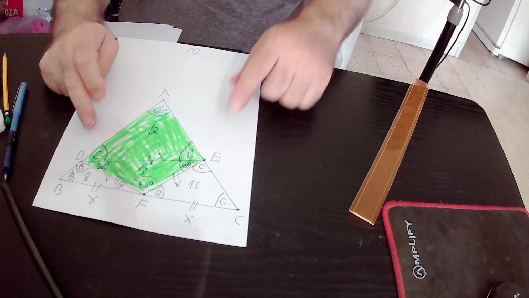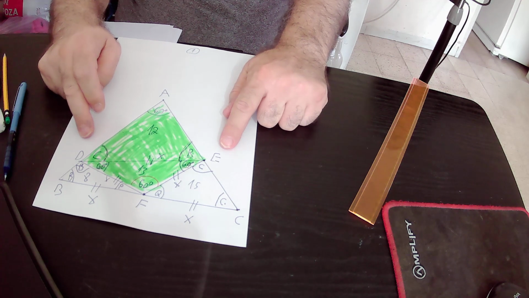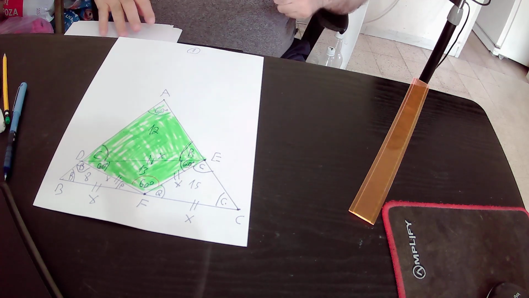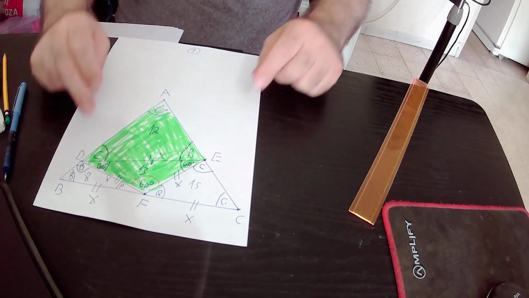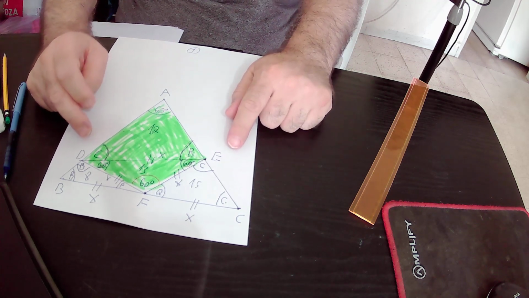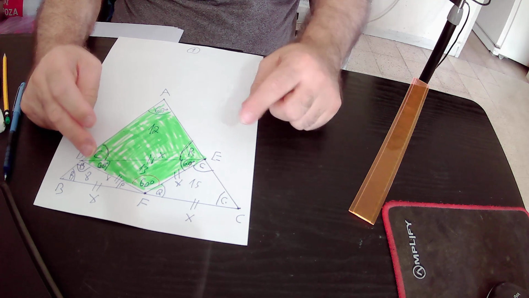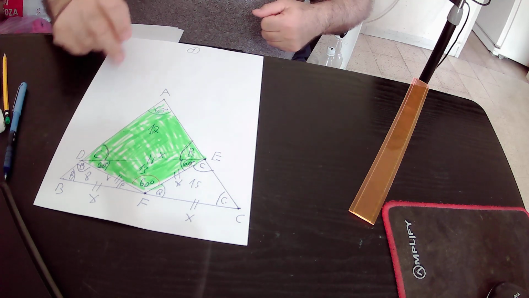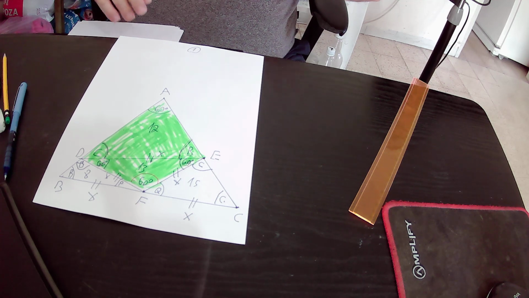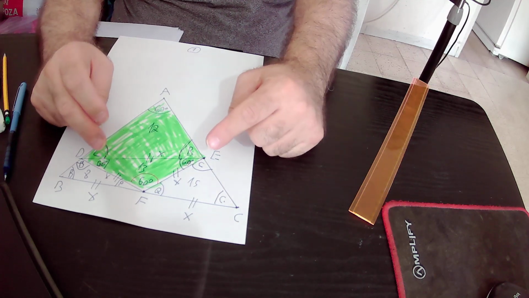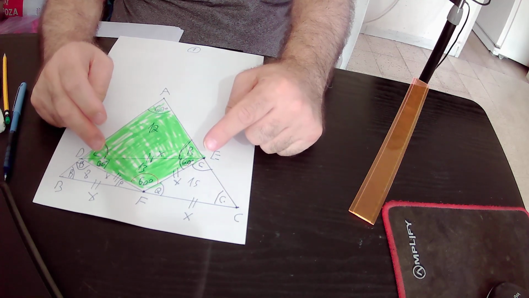Then we connected together points D and E by a straight line. And in triangle DEF, we know that DF equals EF. Therefore, according to rule number 1, in front of equal sides in the triangle, there are equal angles.